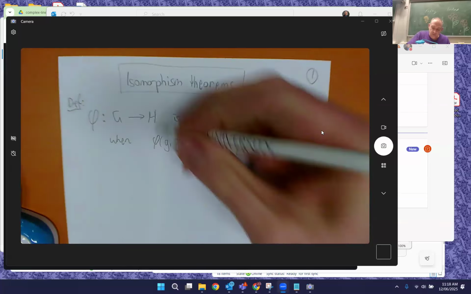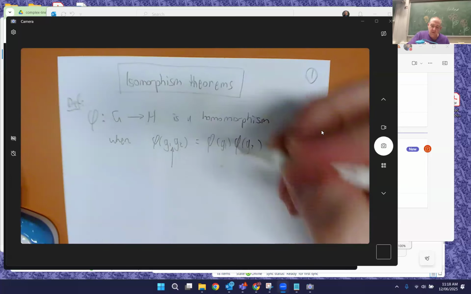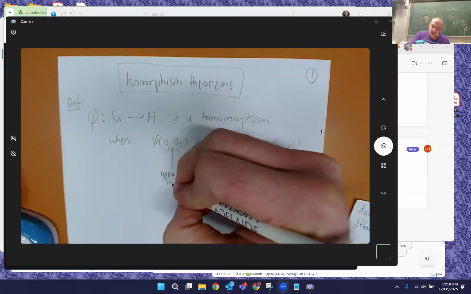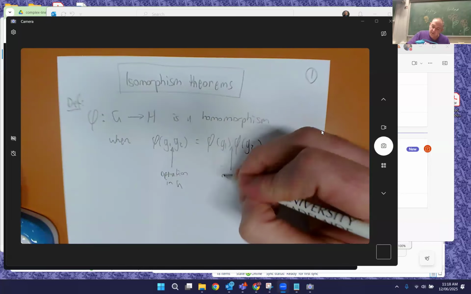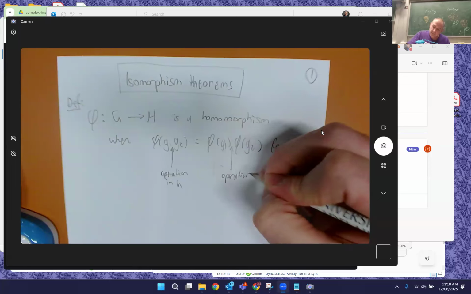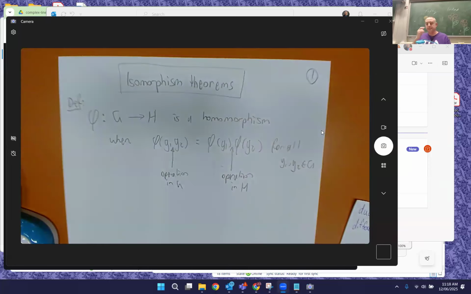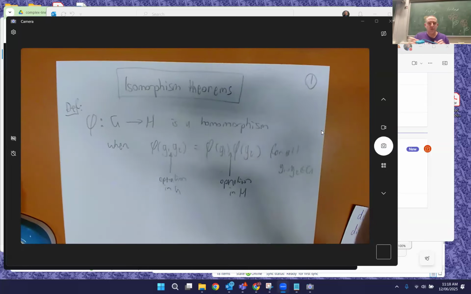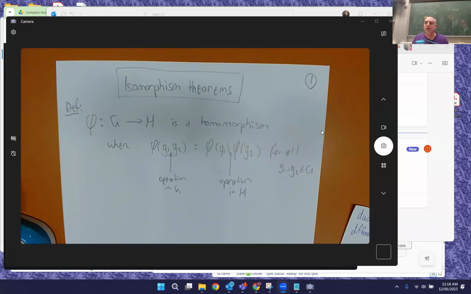And this multiplication is the operation in G, and this multiplication is the operation in H. Okay, so that's the definition of a homomorphism, and an isomorphism will be one-to-one and onto, or in fancy words, injective and surjective, or bijective.